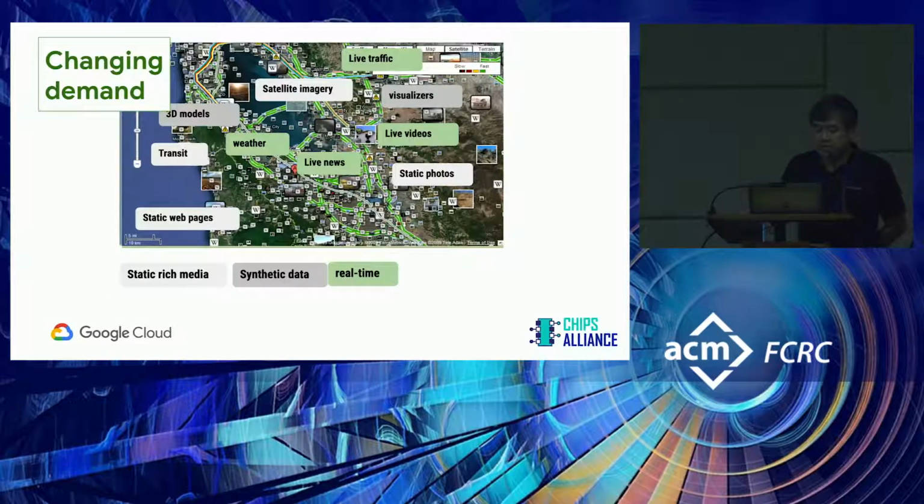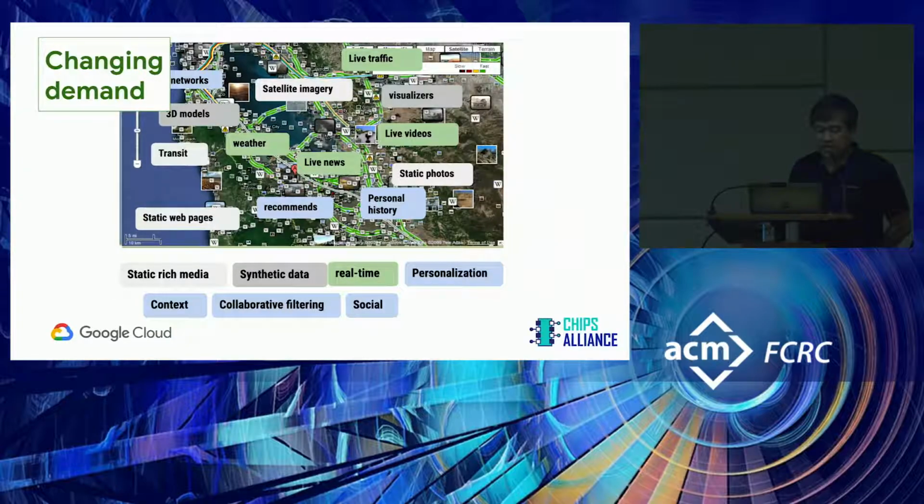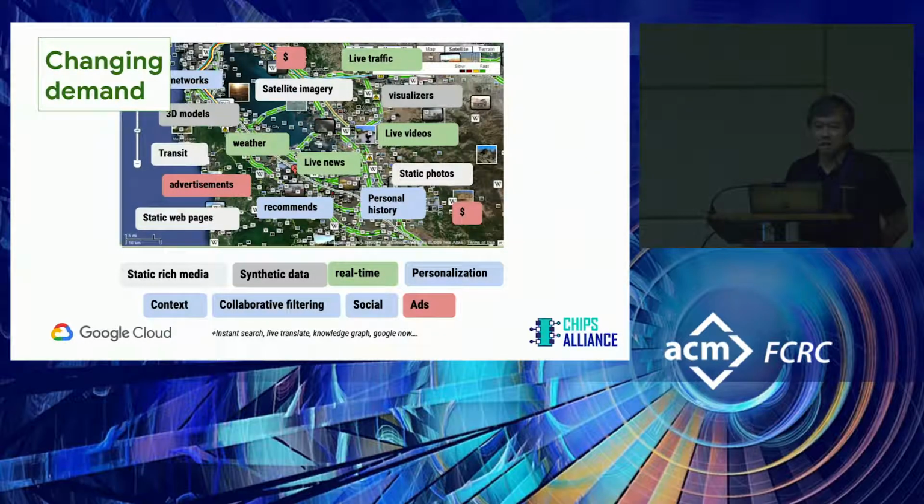There's information about businesses. Lately, there's been real-time information, traffic, news, weather. All of that information comes into that product and makes it a lot more interesting. And finally, in the world of social networks, there's now personalization and information about where your friends are, your nearest neighbors, and of course for Google and other companies, there's also monetization, ads that go on top of all of that.